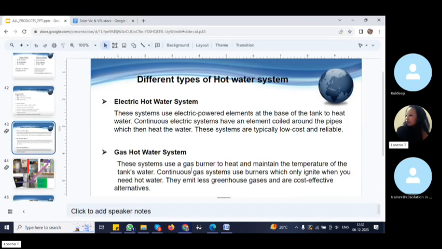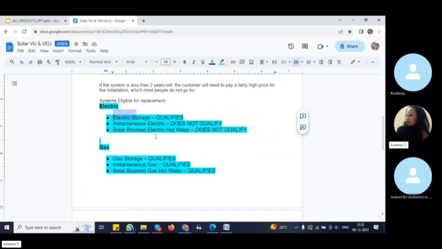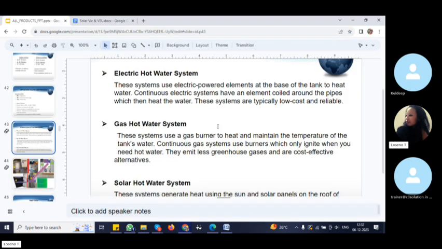However, when we are upgrading or replacing old systems, be it electric, gas, instantaneous or solar boosted gas hot water, any kind of system, we are looking for customers who are still using the old electric hot water system, so that we can upgrade their system to a heat pump.